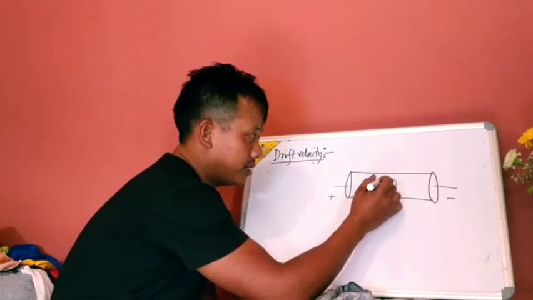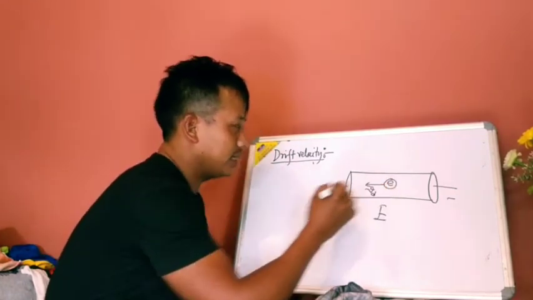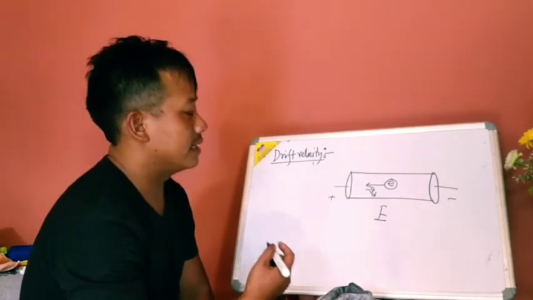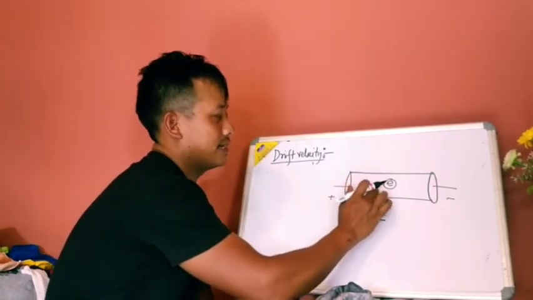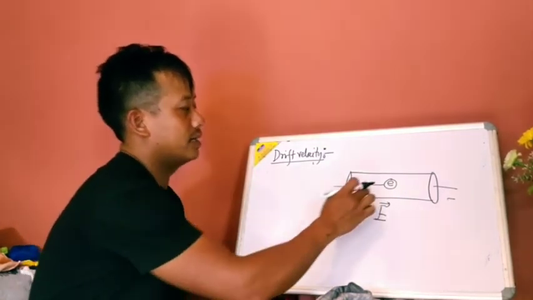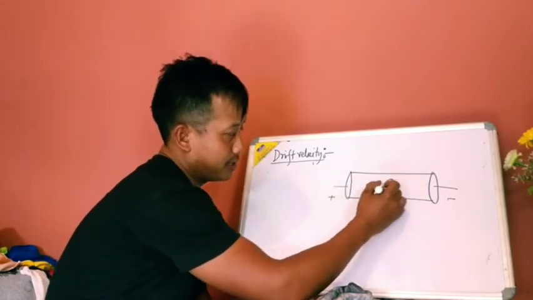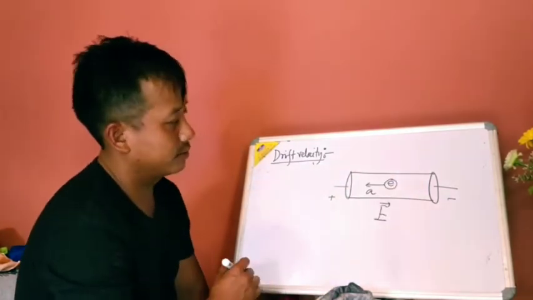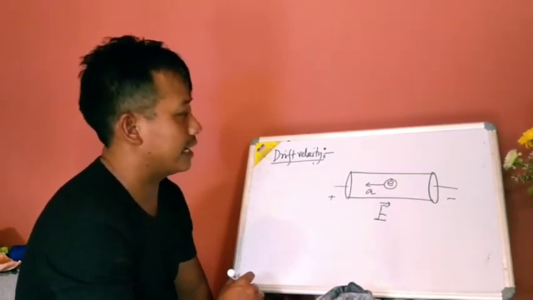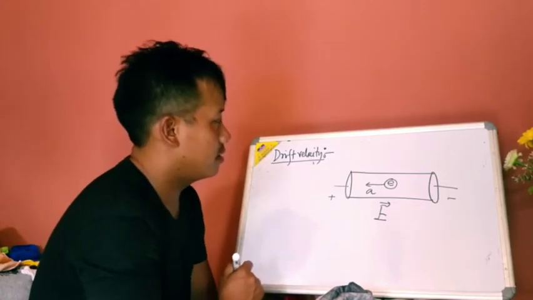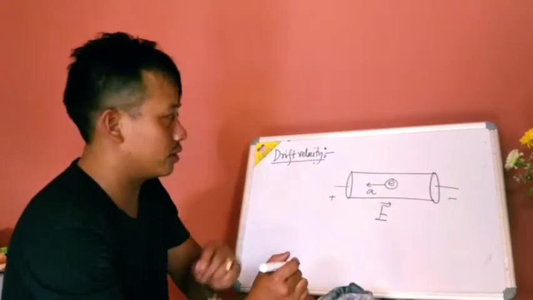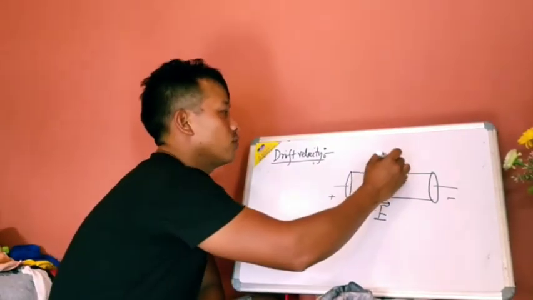Let us represent the velocity by Vd, the drift velocity. When the electric field E is applied, the electron might be accelerated. Let a be the acceleration of this one particular electron, when the electric field is applied across the conductor. Let us take only one electron for the time being, and this electron has a mass m.